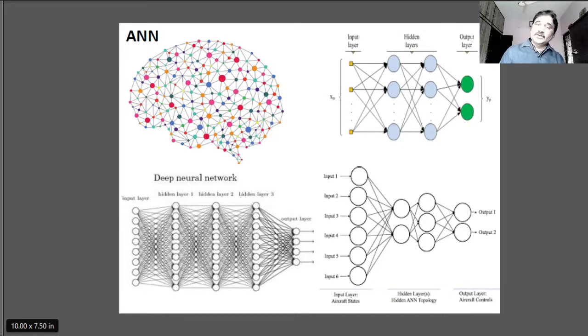And in each of the hidden layers, you are free to decide how many neurons should be there. Like here in this neural network, you are having three neurons in the first hidden layer, three neurons in the second hidden layer also, and in the output layer you are having two neurons.